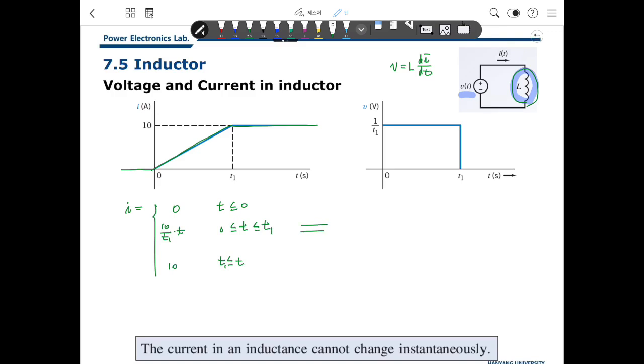Based on this, we can get V, which is the derivative of i.